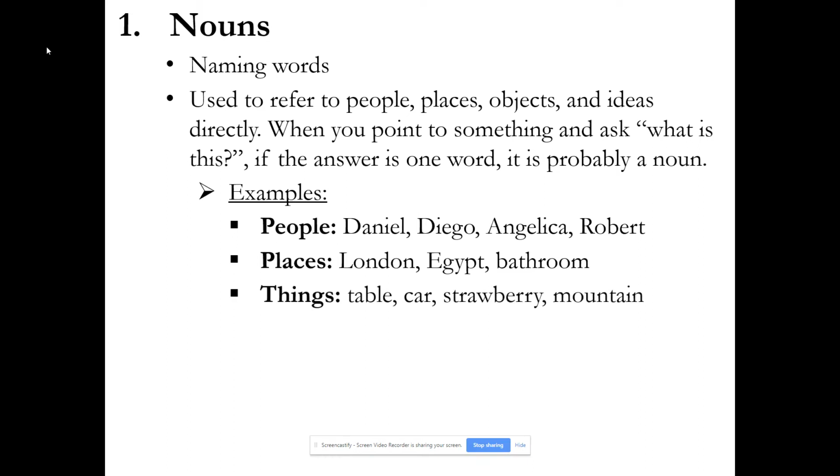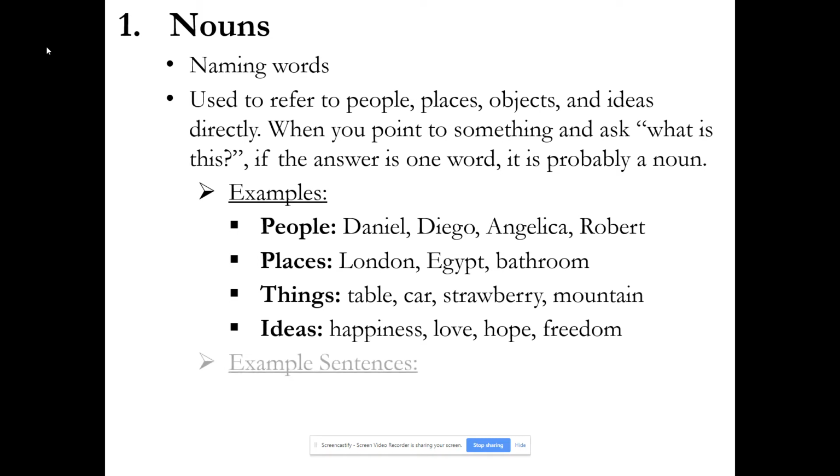Table, car, strawberry, mountain, things. And then ideas, abstract ideas. You could argue that ideas fall under the category of things, but often linguists like to distinguish them because they're abstract concepts. They aren't something you can pick up and look at and feel and experience and throw across the room.